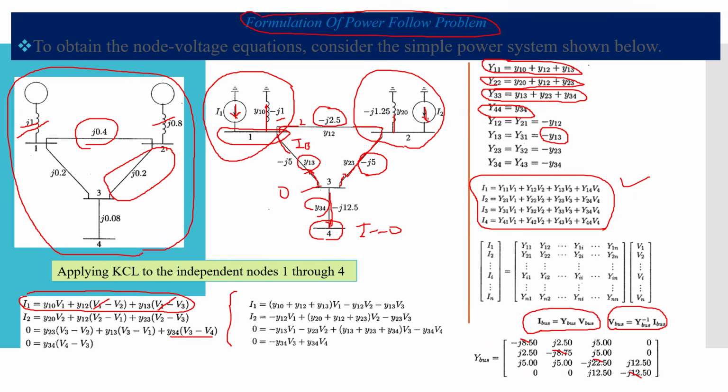For example, if you want Y13, between 1 and 3 we have admittance of minus 5, so we take the negation of this as 5. So Y13 is 5, or Y31 is 5. You can see that Y31 or Y13 is 5. So we can calculate the admittance matrix by using this scheme.